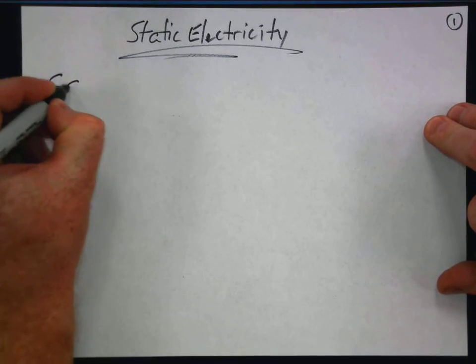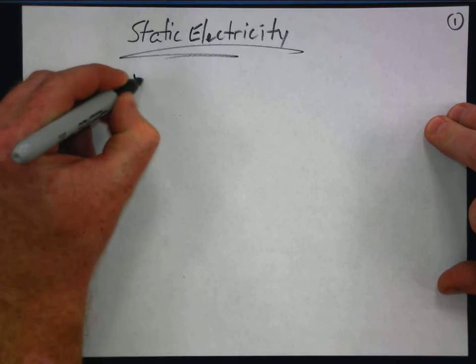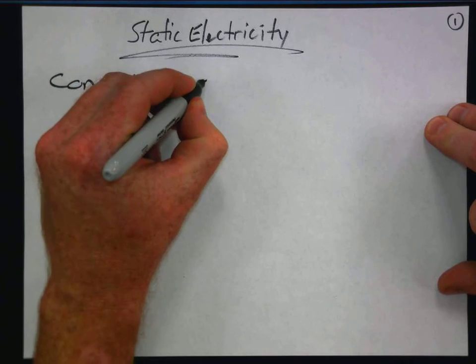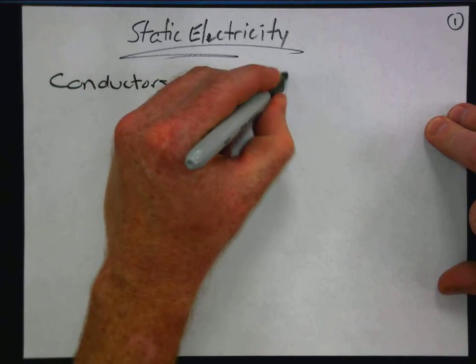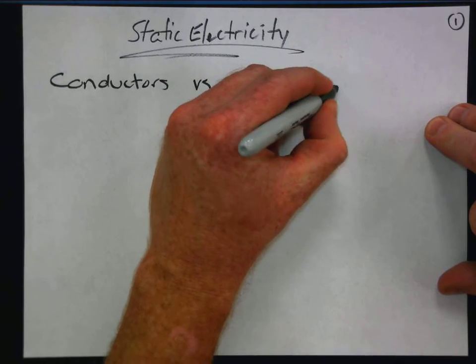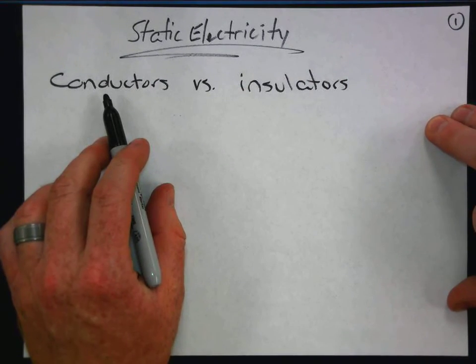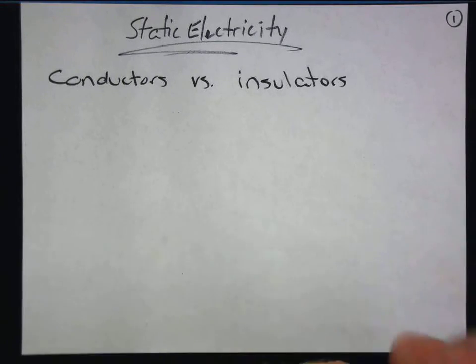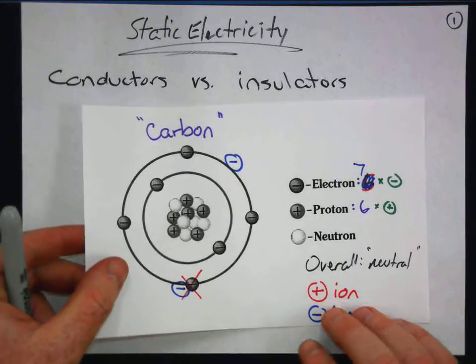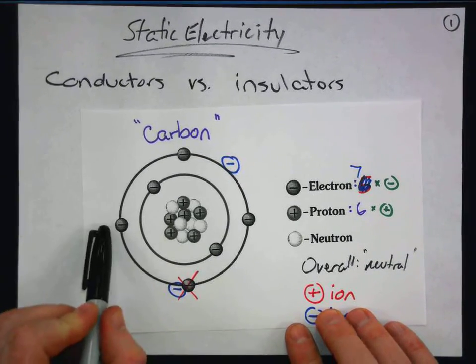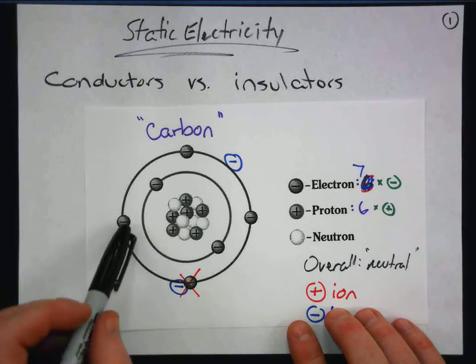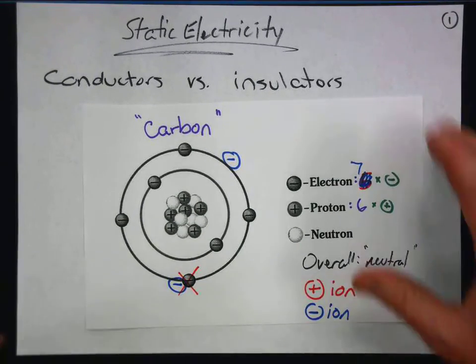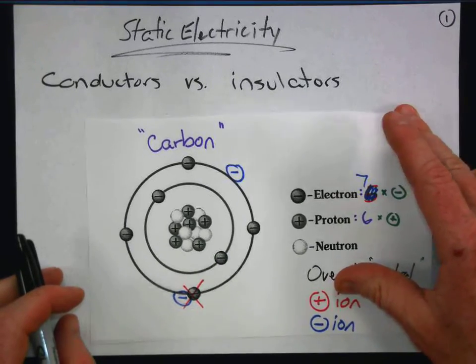So we've got right away conductors versus insulators. And a conductor would allow the charges to move around. In fact, a conductor holds on pretty loosely to these outer electrons, and so they're more easily pushed around. An insulator holds on pretty tightly to all those electrons.